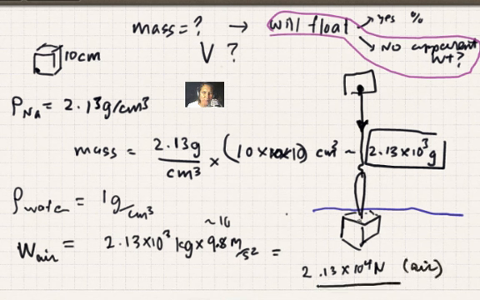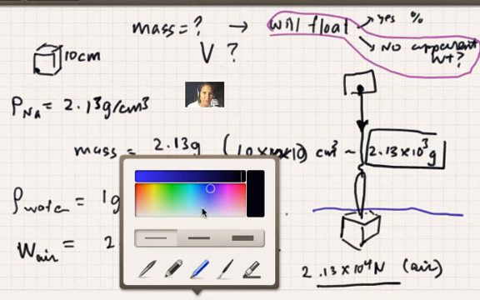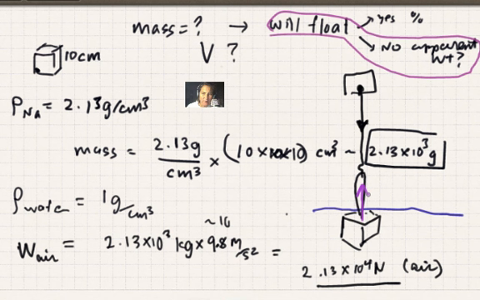Now, what happens when we put this in water? Well, what we know is that there will be a buoyancy force in this direction, F buoyancy, and that force is equal to the weight of the water, or the weight of the medium that was displaced by this volume.